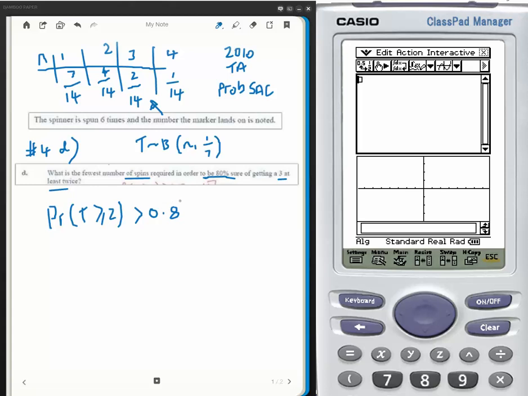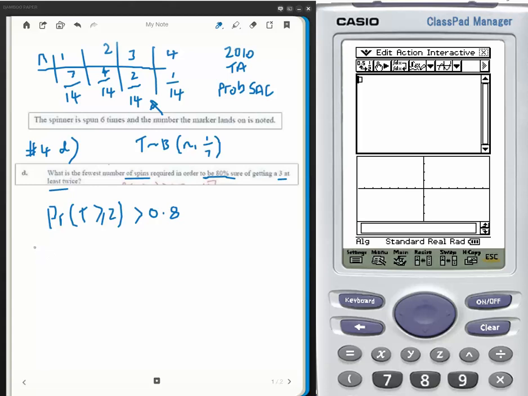T is a random variable. I can have no 3s, 1 3, 2 3s, 3 3s, 4 3s, 5 3s, up to n, the number of spins that I have. Because this is open-ended, t could be 2 or 3 or 4 or 5 or 6 or 7, all the way up to n.